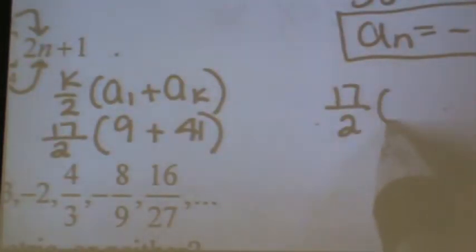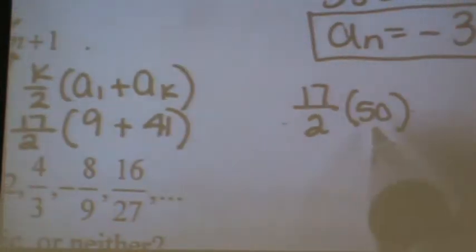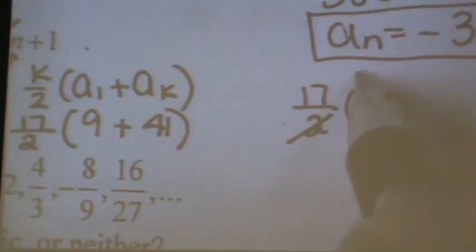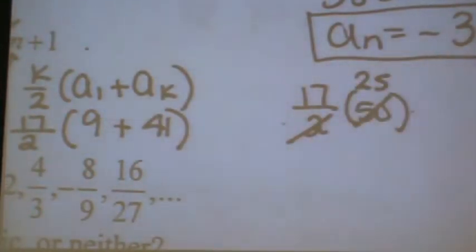This is what I did. 17 over 2, this is 50. I did 2 goes into 50 25 times, and then I just multiplied those two. I got 425 for an answer. Questions?